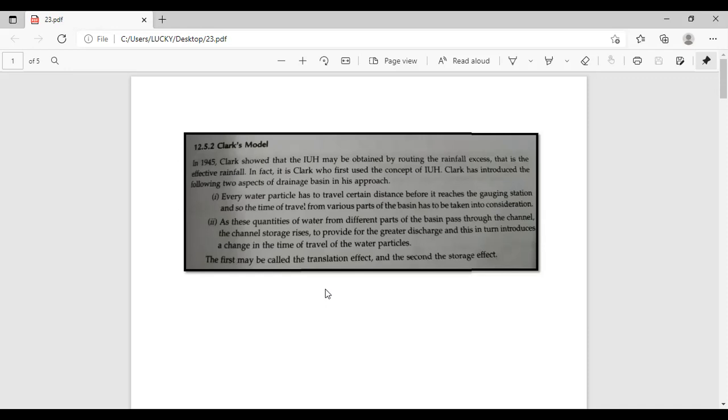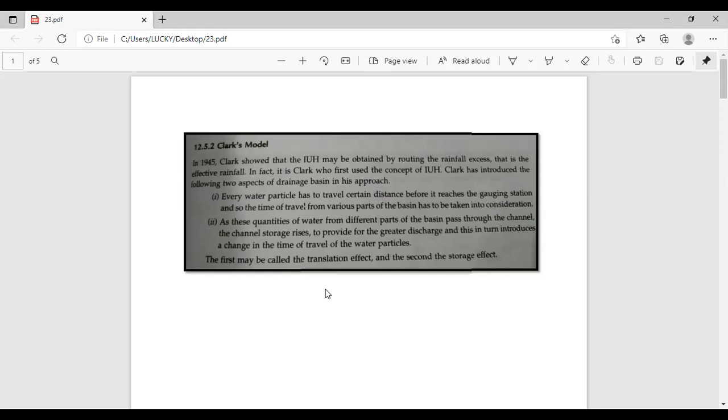Clark introduced the following two aspects of the drainage basin in his approach. Every water particle has to travel certain distances before it reaches the gauging station, and so the time of travel from various parts of the basin has to be taken into consideration.